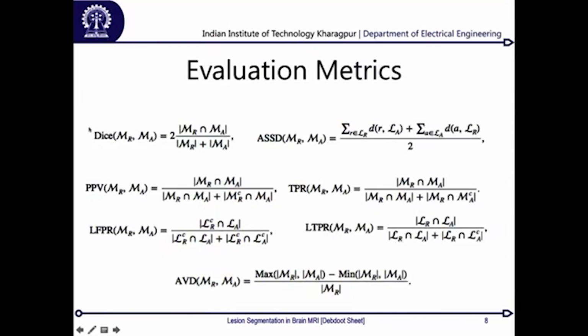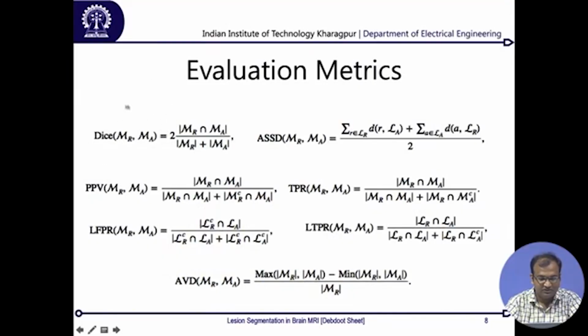Over here we see that one of the measures they have used is called dice. It's the same standard dice coefficient, which gives you the cardinality, or the amount of overlap, divided by the sum of the total volume, but it is no more area.